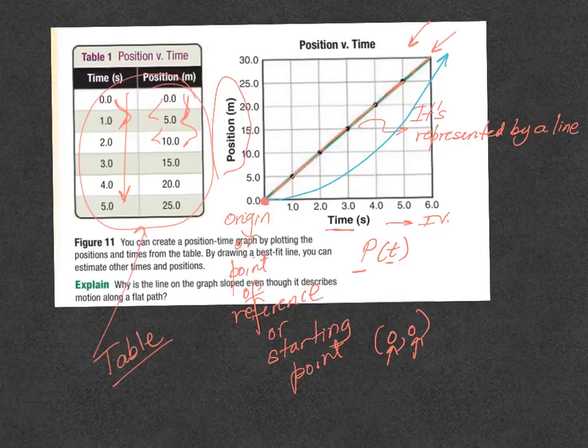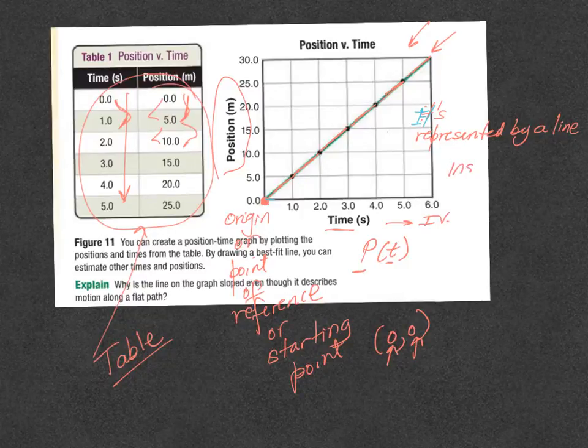But for now, what do you have here? You have your position, you have your time, you have your point of reference or the origin, and an object that is moving at a constant rate. Why? Because it is represented by a line. Questions about that? Okay, I'm assuming that you don't have questions about that.